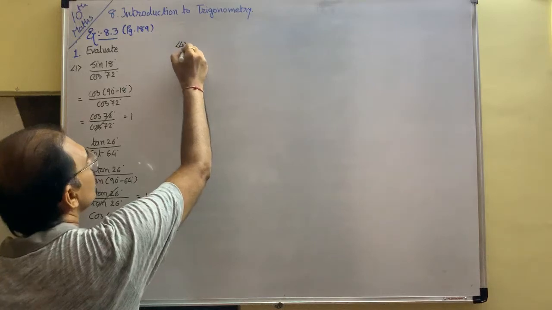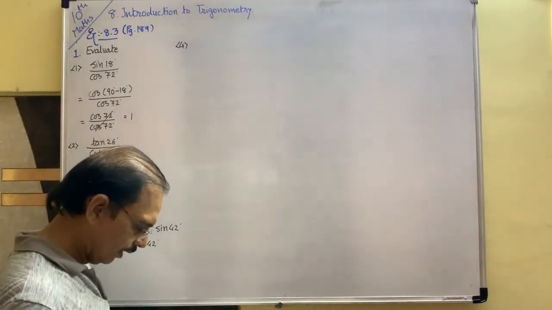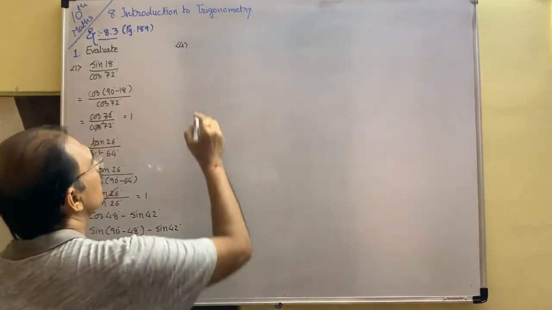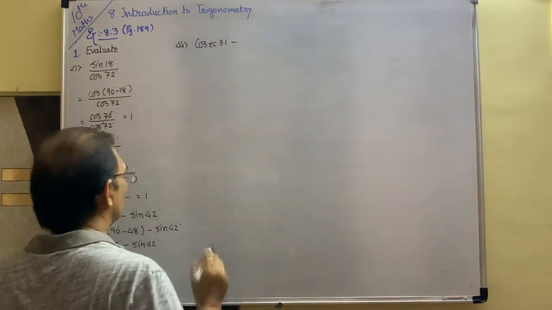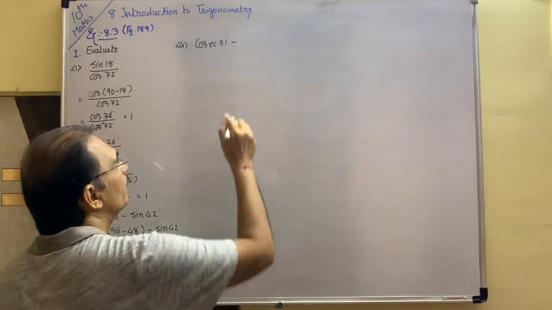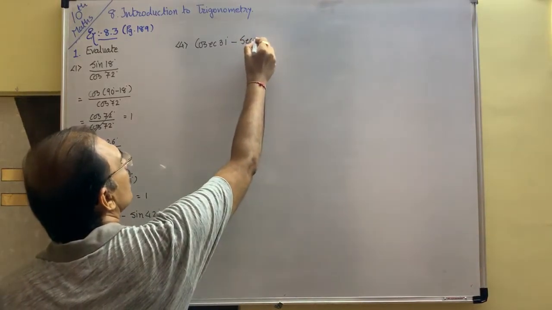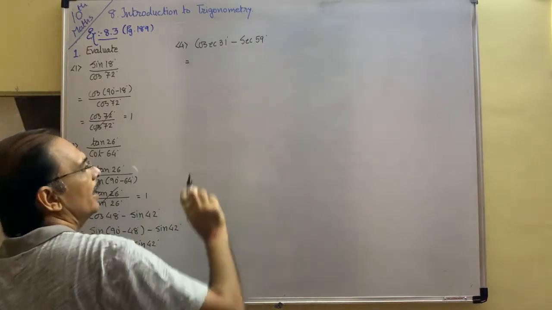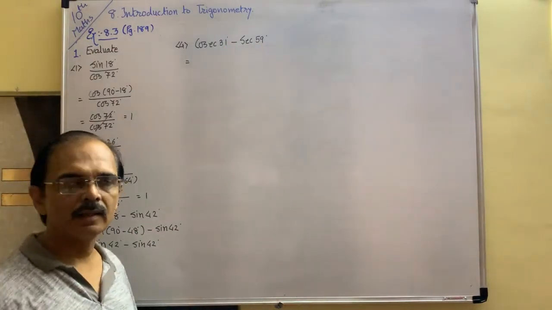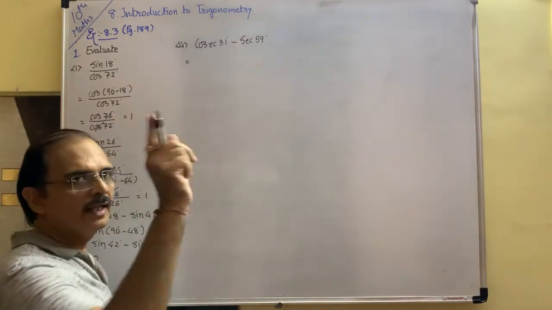Now number 4: cosec 31 minus sec 59. Again check the angles: 31 plus 59 is 90, so they are a pair. Out of these two, change any one.